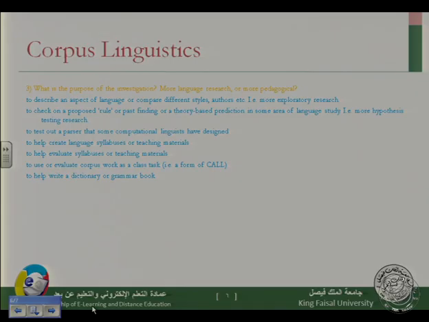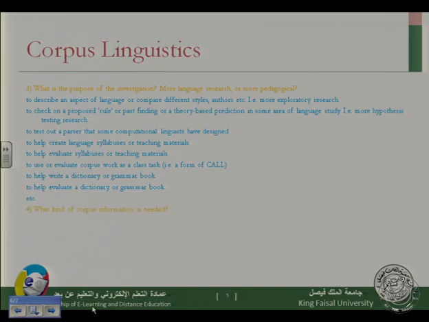Or to write a grammar book, you would say, well, based on the corpus, people use the word, for example, go and goes, and so on. So this is very useful. To help evaluate a dictionary or grammar book, not only writing or creating, also evaluation, and so on.